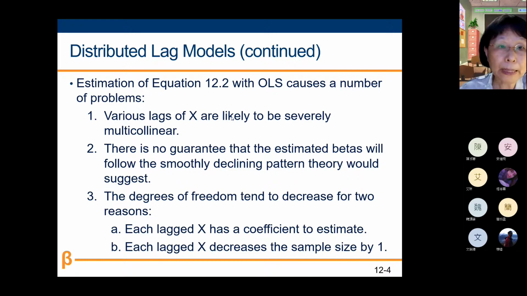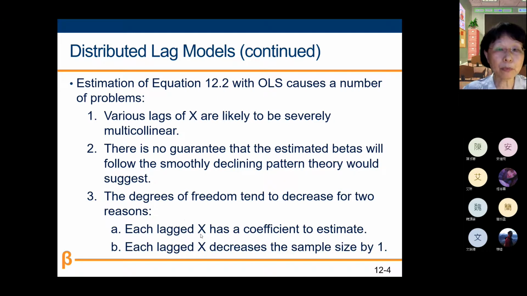I'm trying to explain that estimation of equation 12.2 or 12.1 with OLS will cause some problems. I think the first one and the second one are okay for all of you. But for the third one, the degrees of freedom tend to decrease for two reasons.